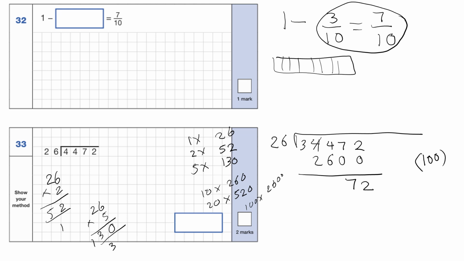Can't do that. Okay. 1,872. So we could do a chunk of 20 times, which is 520. Let's see where we get with that.